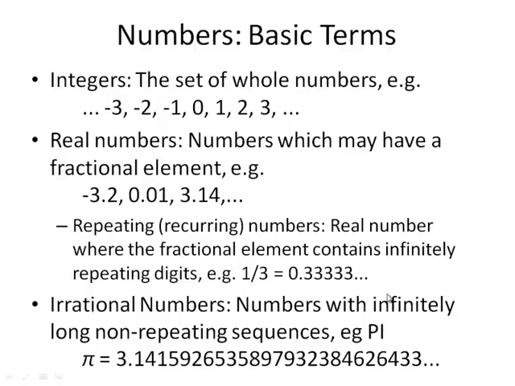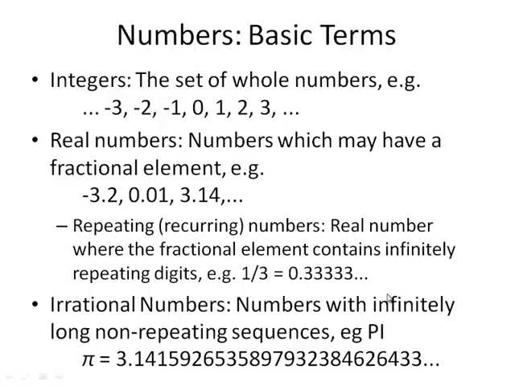And we may also have some awkward numbers, such as repeating or recurring numbers, real numbers where the fractional element contains infinitely repeating digits, so in decimal, 1/3 can be represented as 0.33333333 recurring, so the 3 keeps repeating there.